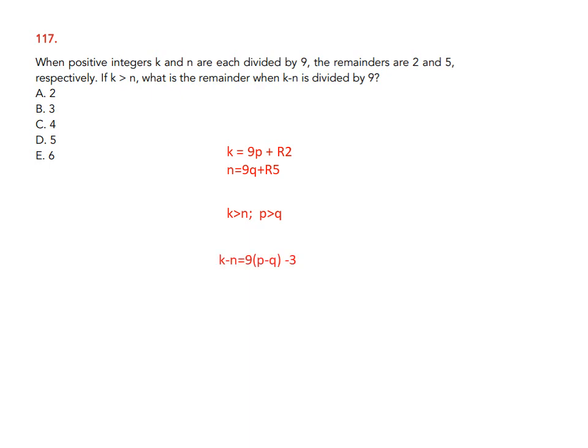So k minus n equal to 9 times p minus q, minus 3. Taking the common term, the remainder part is 2 minus 5, which equals minus 3, and that is divided by 9. So 9 minus 3 will give 6. So our remainder will be option E, that is 6.